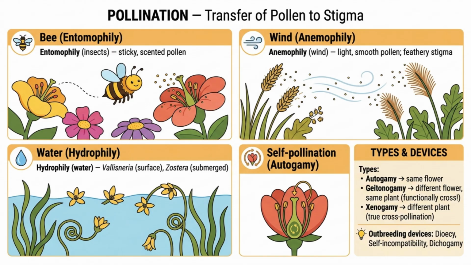Agents of pollination include insects, entomophily, where pollen is sticky and scented; wind, anemophily, where pollen is light and smooth and stigmas are feathery; water, hydrophily, seen in Vallisneria at the surface, and Zostera underwater. Plants have evolved outbreeding devices to avoid self-pollination, like dioecy, self-incompatibility, and dichogamy.